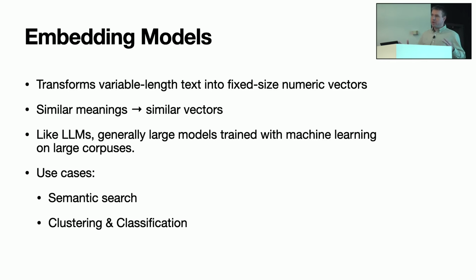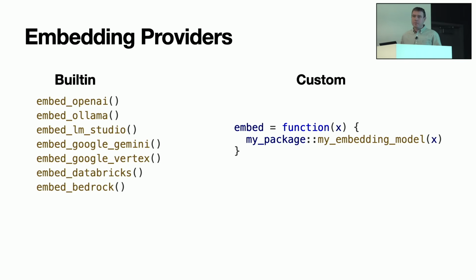So embedding models are typically large things, kind of like LLMs, and you'll access them through a provider. In Ragnar, we're using embeddings to do semantic search, or that's what powers the search. But you can use embeddings for lots of other things, too. There are built-in functions for lots of major embedding providers. But I also want to point out, you can provide your own embedding function. You're not gated by us implementing something.